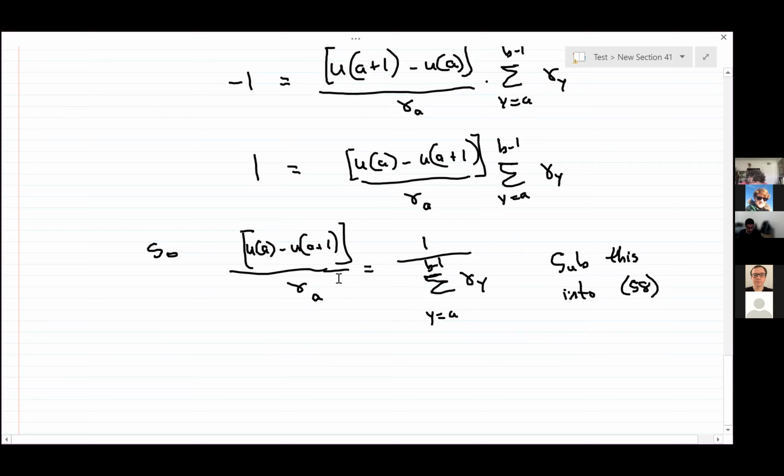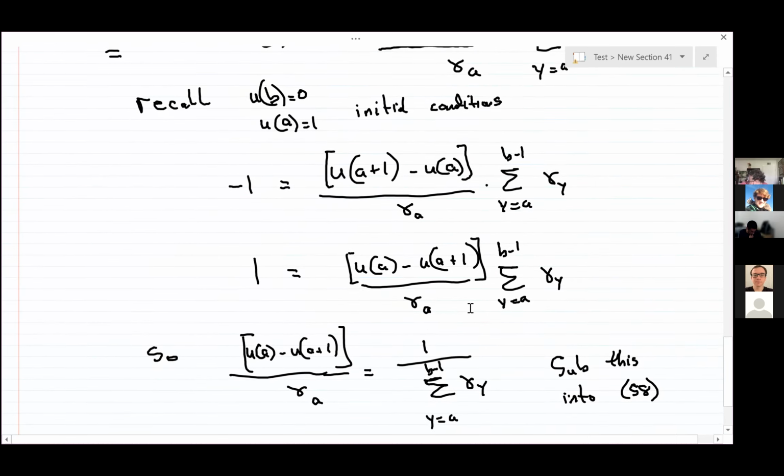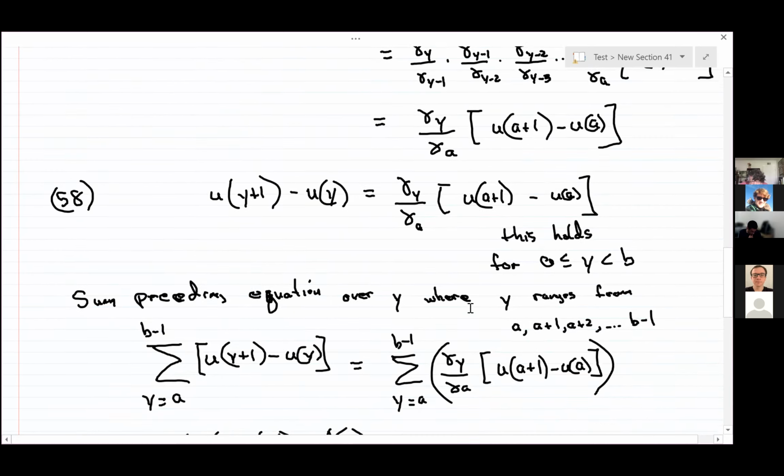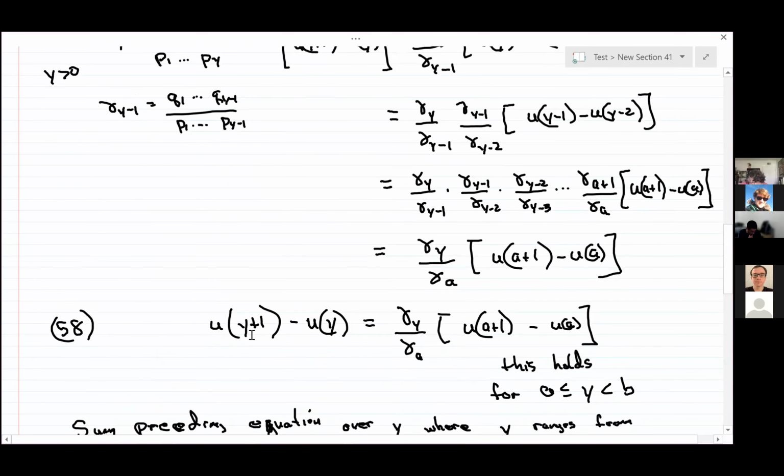So substituting for what's on the right by 1 over the sum is what we want to do. Okay, so going back to 58, we're going to get this difference is equal to 1 over that sum.